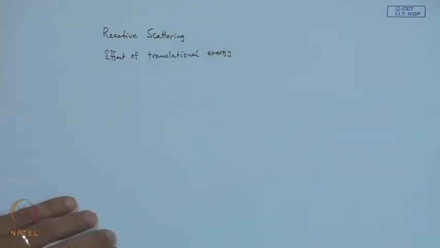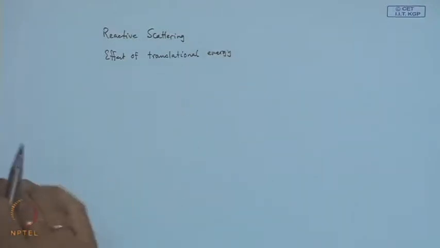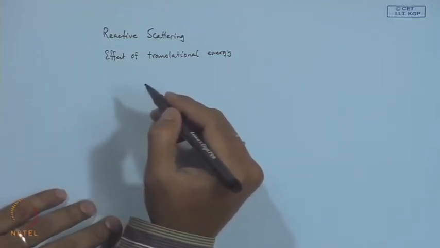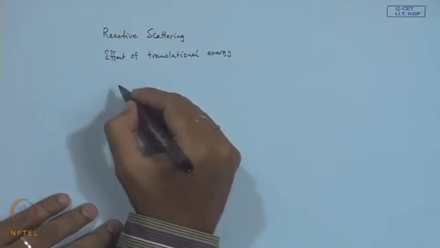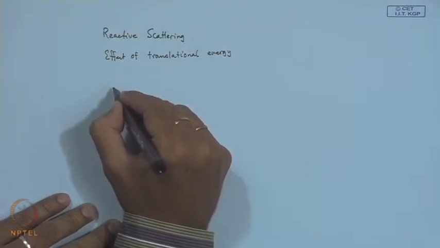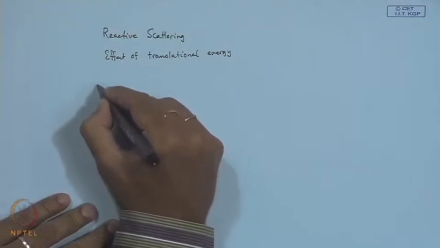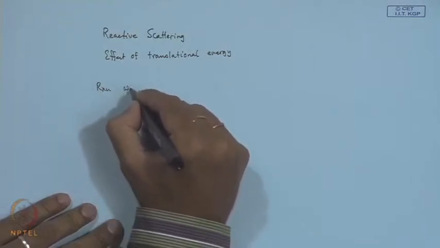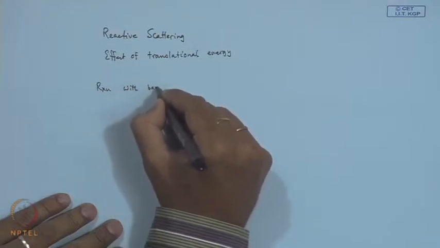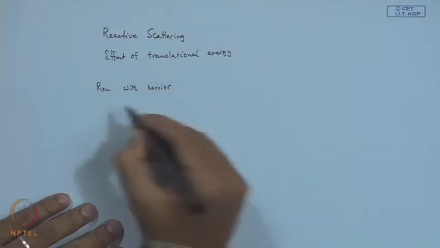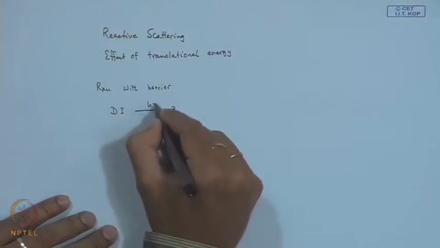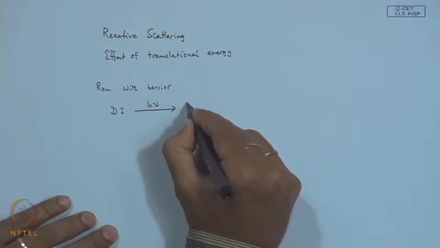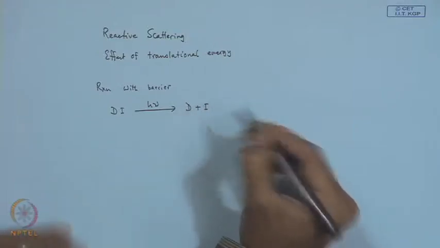Now, consider a reaction with a barrier, say deuterium iodide. So, DI plus h nu giving rise to D plus I. So, dissociation.